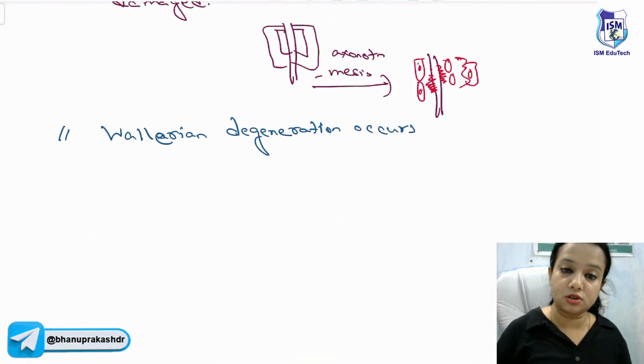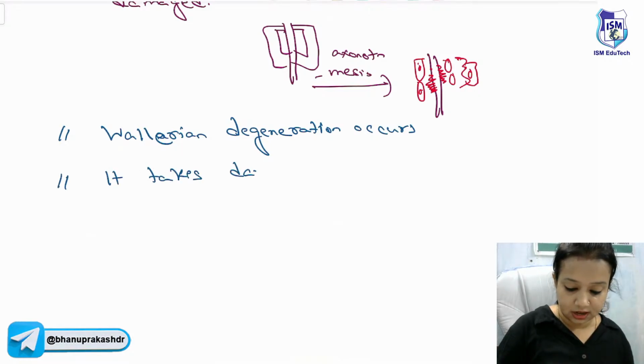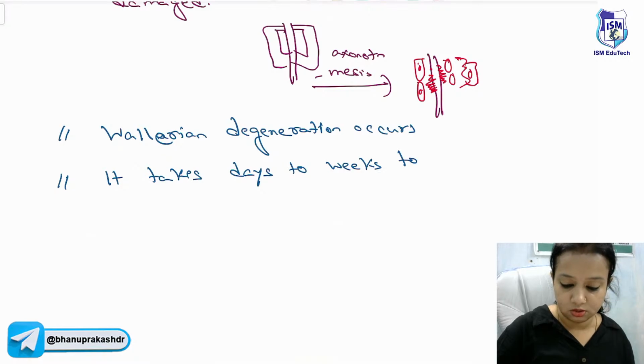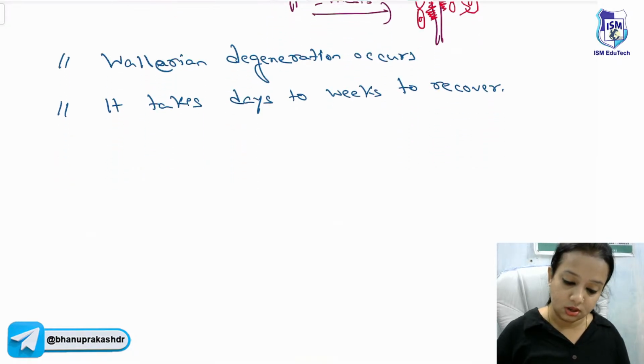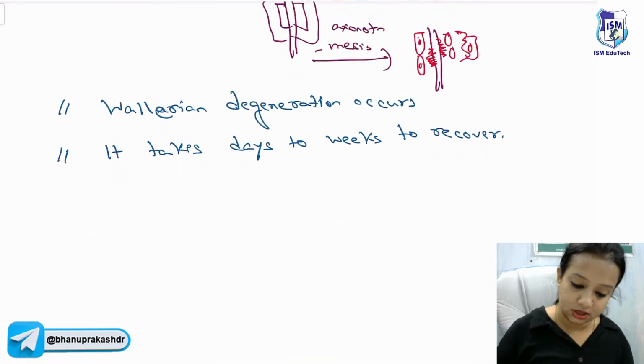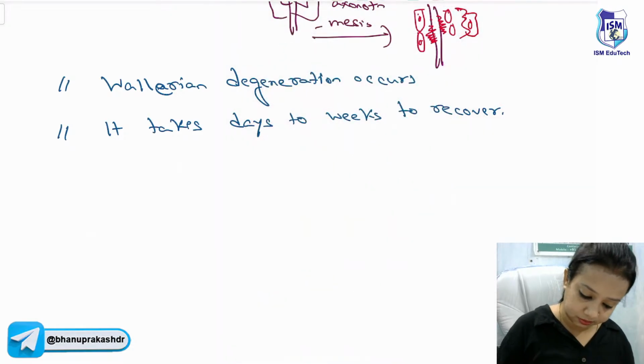So, here in axonotmesis, Wallerian degeneration occurs, and it takes days, like 2 weeks, to recover. Depending on how severe it is, it may take from a few days to maybe a week or so to recover.